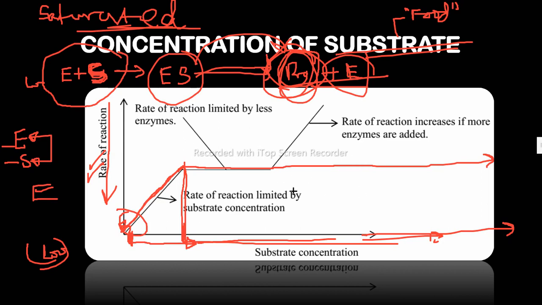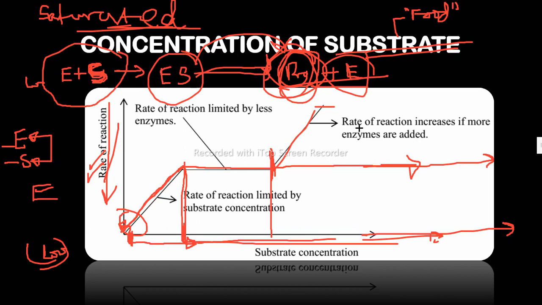However, when we add some enzymes, this is to confirm that the substrate concentration was really overwhelming. If you add some enzymes at this point, you will see a reasonable increase in the rate of reaction, because you are now increasing the number of active sites.